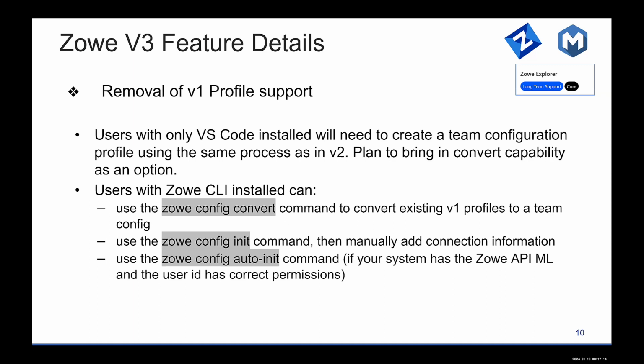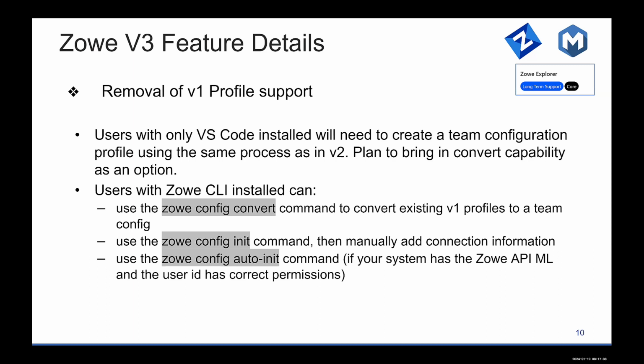There's another way you can update your team configuration if you are a Zowe CLI user as well as the Zowe Explorer for VS Code user. They already have a command in place, the zowe config convert command. And that is the capability we want to bring into the UI experience as well.